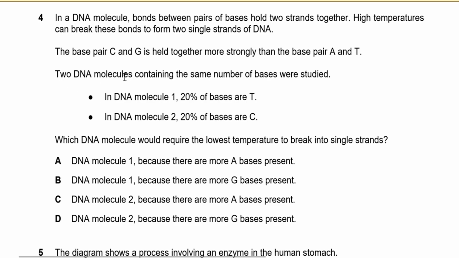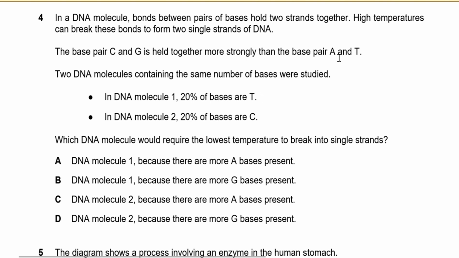Now, we have seen here that base C and G are held together more strongly than base A and T. So it means C and G will require more temperature than A and T. But then again, in molecule 1, we have 20% of T, and in molecule 2, we have 20% of what? Of C. Now, since we have 20% of base T, T is usually paired to A, we will also have 20% of base what?